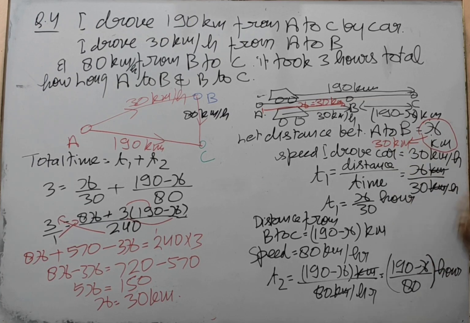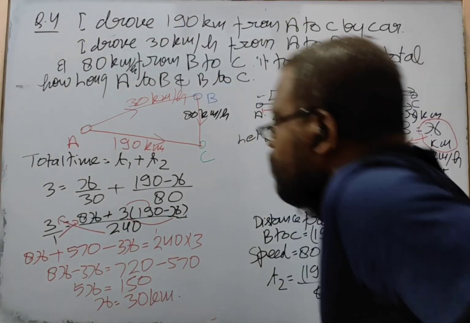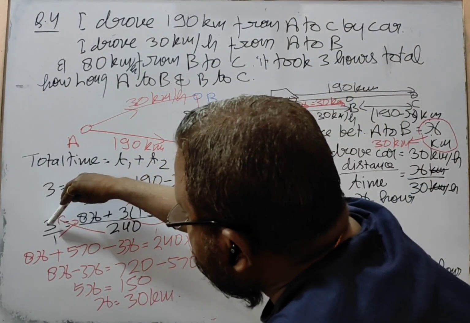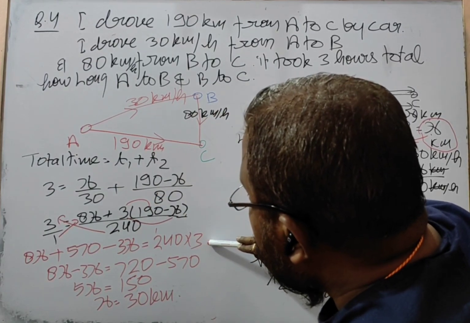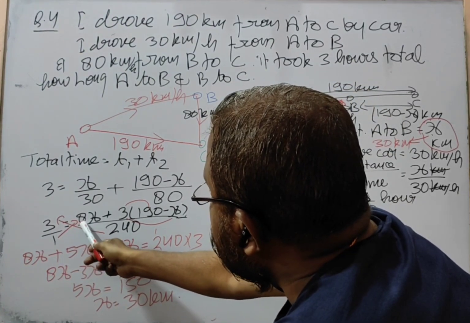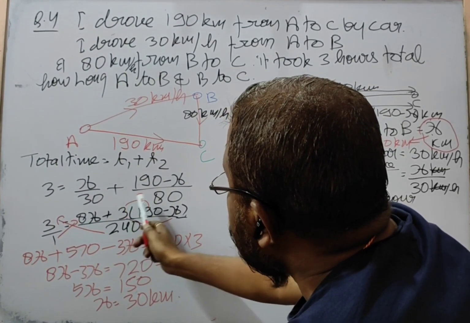Now this 240 multiplied by 3, we get 720, and this is 8x plus 3 multiplied by 190.